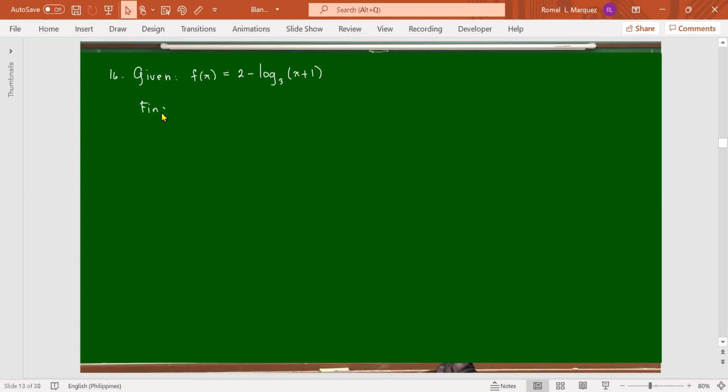Find letter A, domain of f, B, range of f, letter C, inverse function of f.